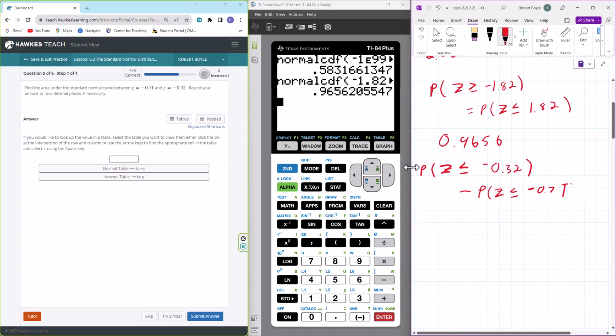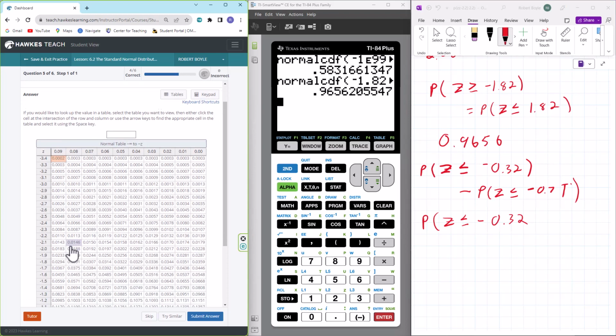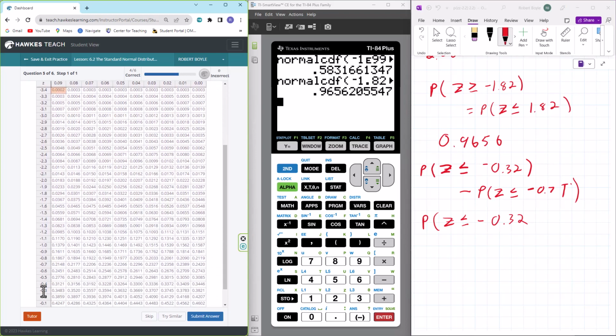Now, the probability that z is less than or equal to negative 0.32, we can use a table lookup for that one. That's going to be this table here. All right, negative 0.3 is right there. Negative 0.32 is right there. And that is 0.3745.